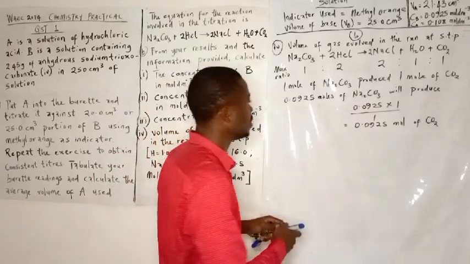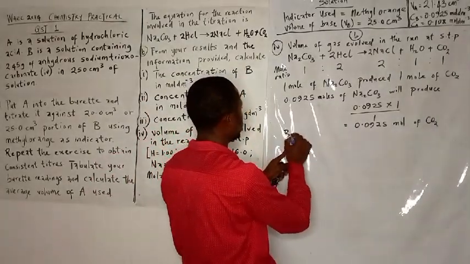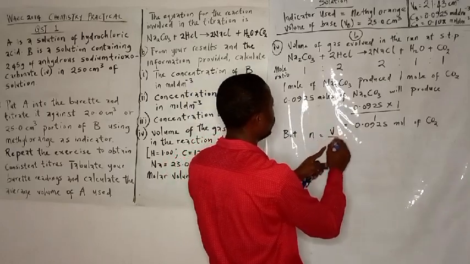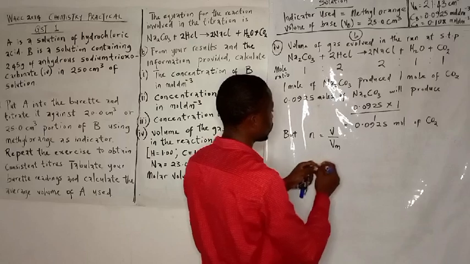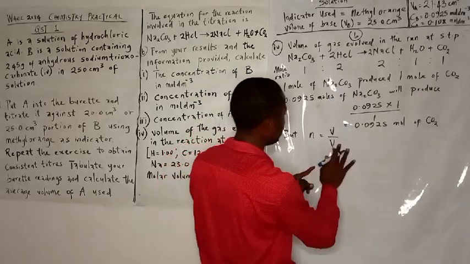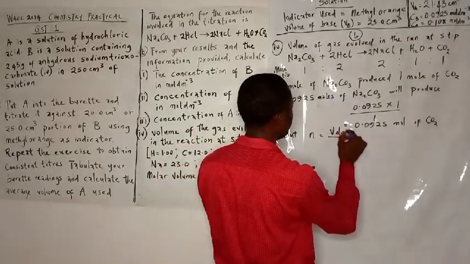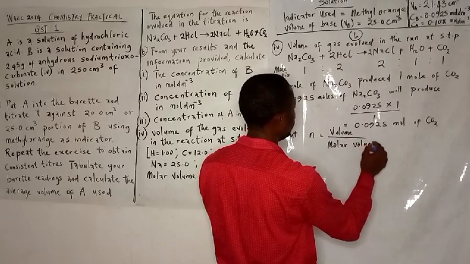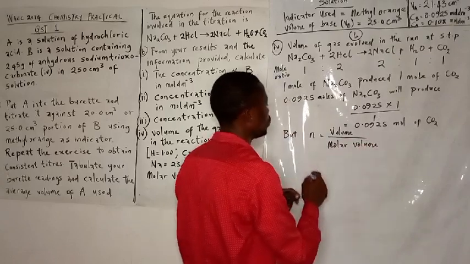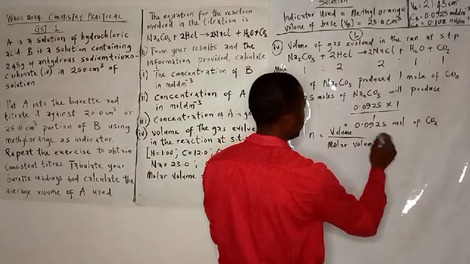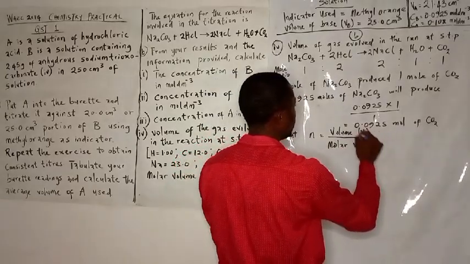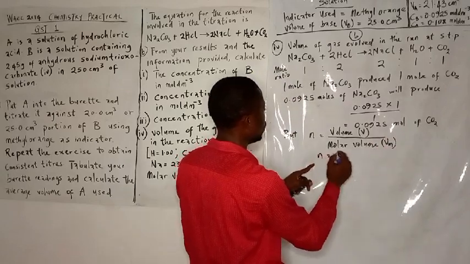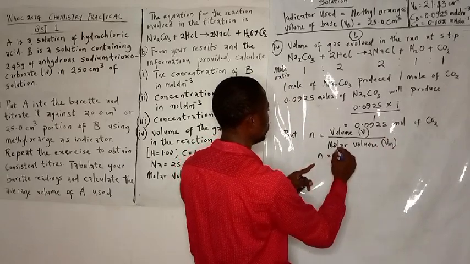So the next thing is that we know that number of moles is equal to volume over molar volume. So n is equal to V over Vm, where V is volume and Vm is molar volume.